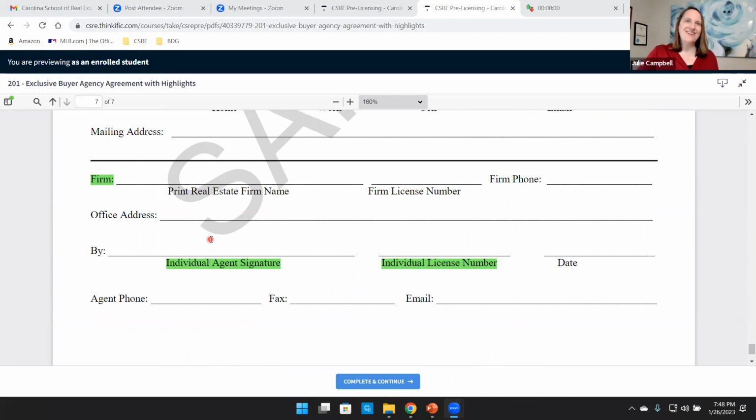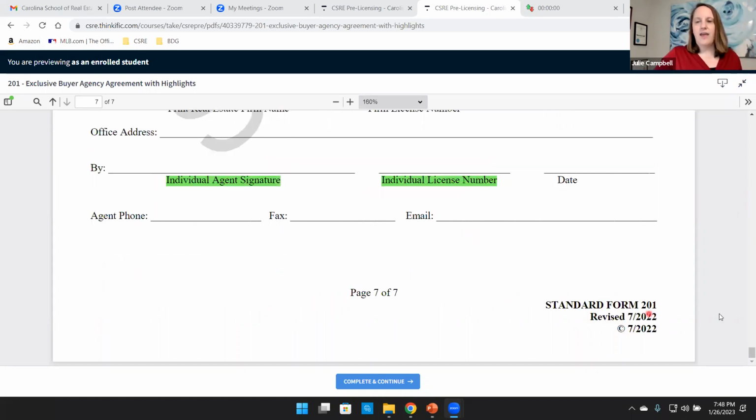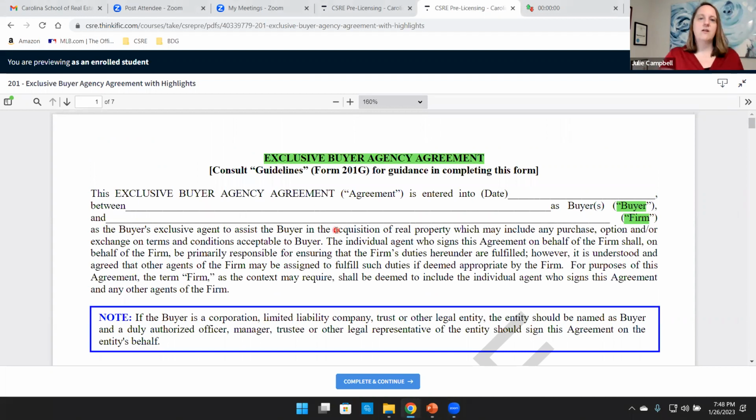Signed by you, the individual agent. You can sign the buyer's agency agreement on behalf of the firm. And because you're signing it, you get to put your six-digit license number with your contact information. And that is our exclusive buyer agency agreement with highlights.